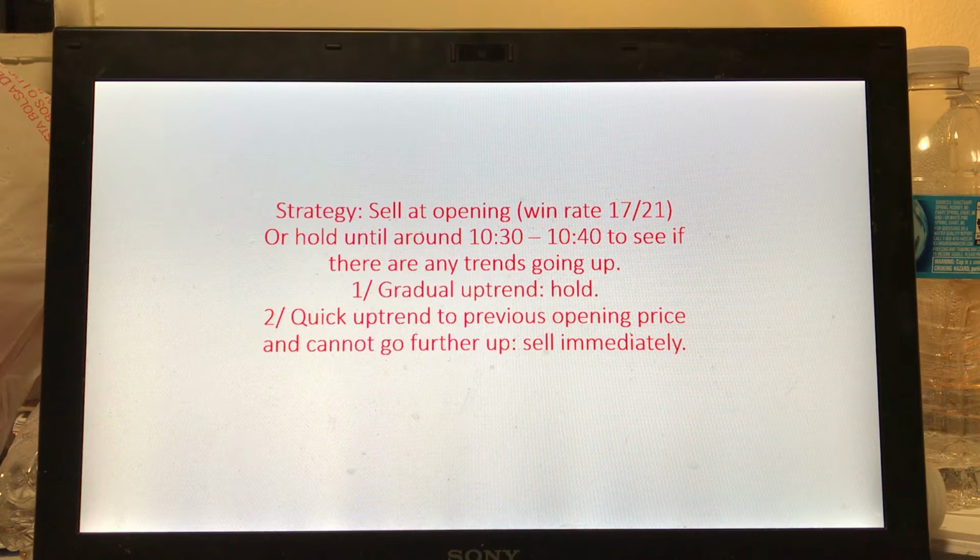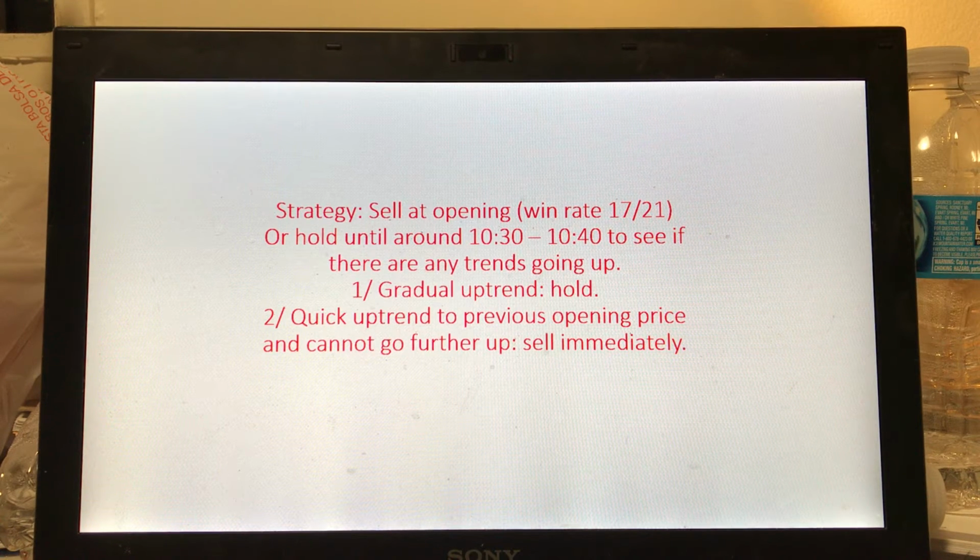The market will not drop so sharply during the first 1 or 2 minutes, but just make sure you are trading a really liquid stock, and you are filling the price at the lower bound of the bid-ask spread, so that your order can be filled very quickly, and there's no need for you to repeat your action. This strategy has a success rate of 17 out of 21.